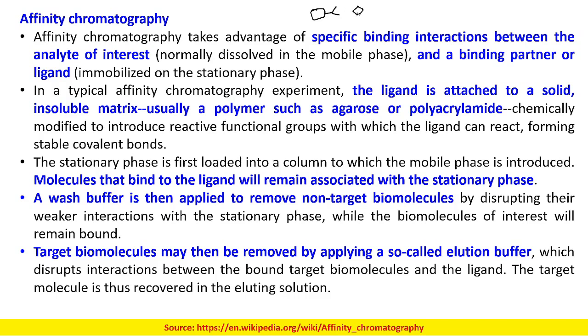If this specific antigen is present in your analyte, it will go and bind, and the other analytes will get out. Then after that you can have another standard or a sample which has a strong affinity for the antibody. It will replace the antigen of your test, which you can then collect and go for the quantification.